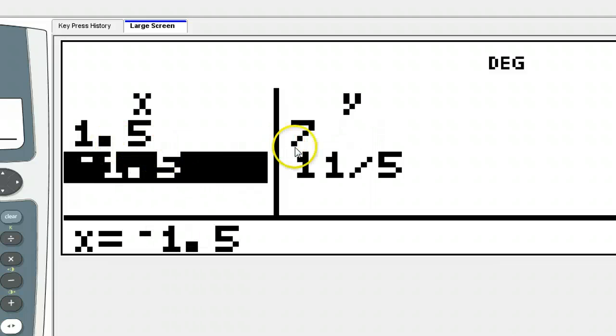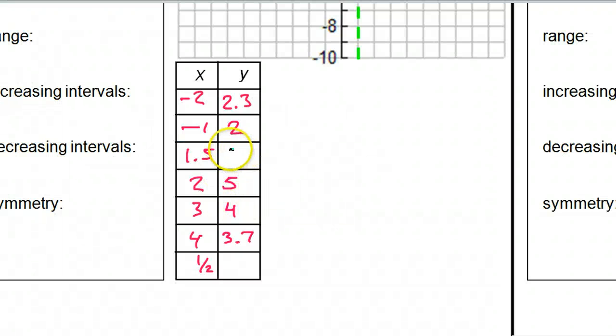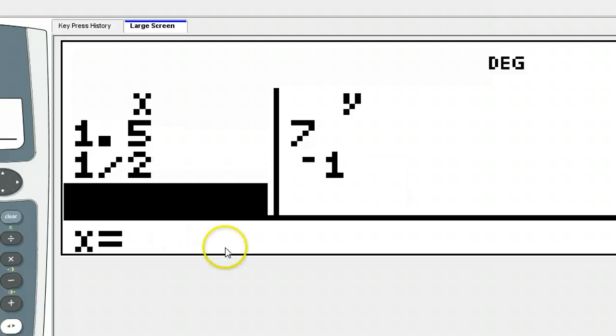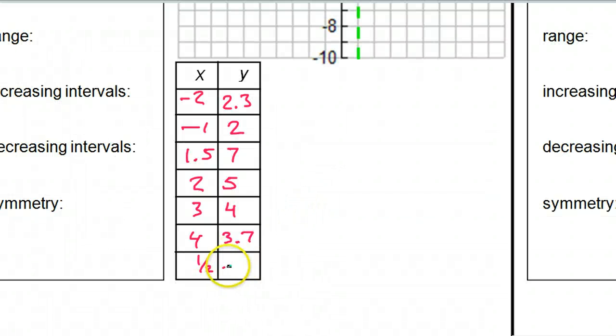Oh, 1.5, that's 7. Put that on my chart. I want to know what happens at 1/2. So I could just type in 1/2. At 1/2, I got -1. Okay, so the Ask X mode is very helpful if you have to deal with fractions or decimals.